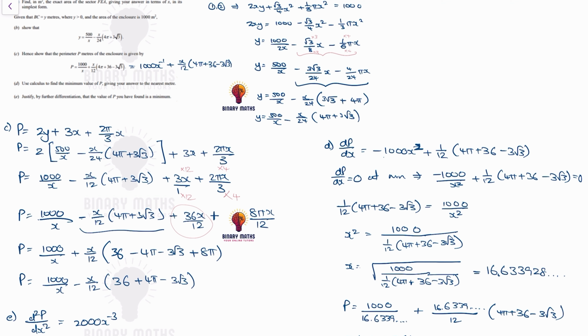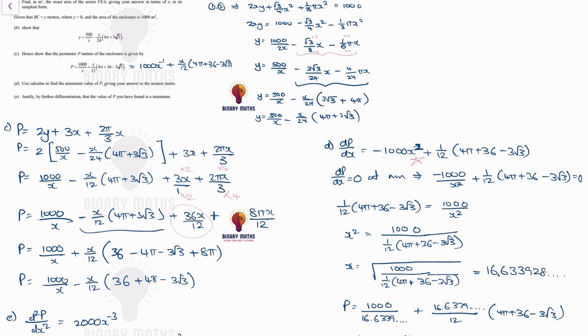Because I'm differentiating this, if I substitute x is equal to 16.6339 blah blah blah, then I get 2000 times 16.6339 blah blah blah to the minus 3, which gives me a value of 0.43 blah blah blah, which is greater than 0.